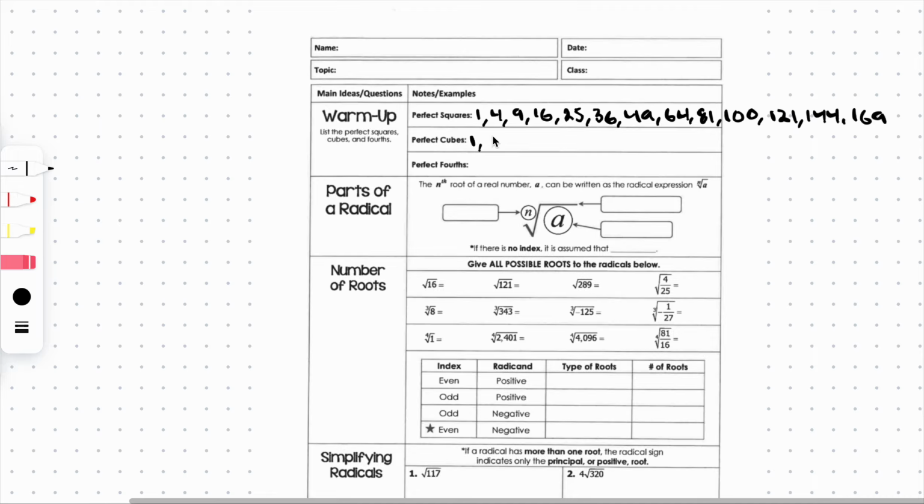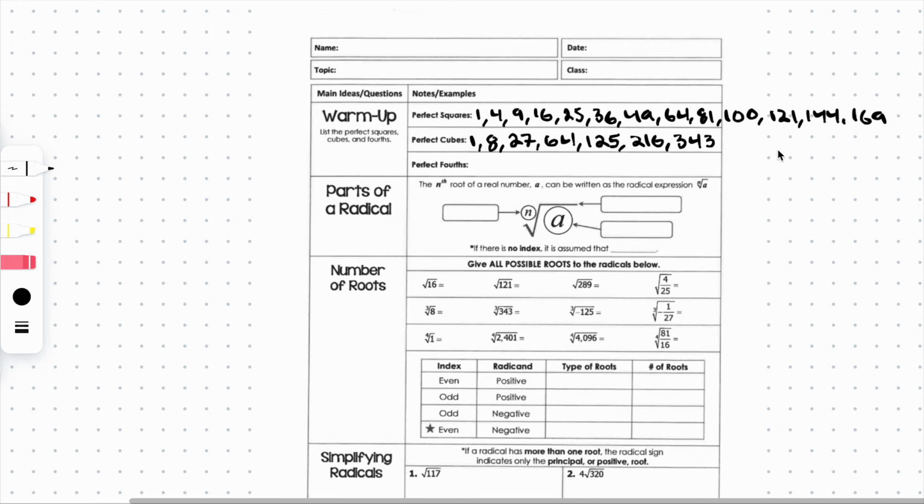That's going to give us 1. 2 times 2 times 2 is 8. 3 times 3 times 3 is 27. 4 times 4 times 4 is 64. 5 times 5 times 5 is 125. 6 times 6 times 6 is 216. 7 times 7 times 7 is 343. And you can keep on going.